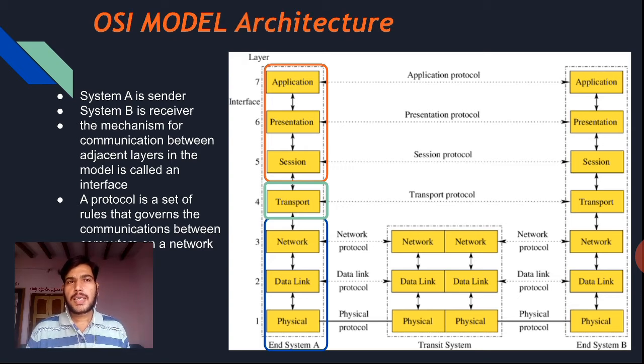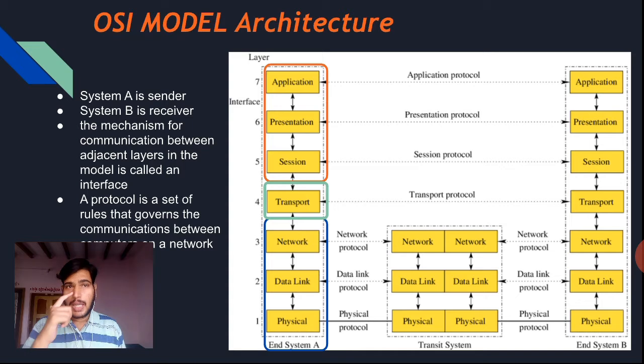And here there is a mechanism for communication between adjacent layers. A communication mechanism is provided between application layer and presentation layer, presentation to session, session to transport, transport to network, and so on. This mechanism for communication between adjacent layers is called an interface.